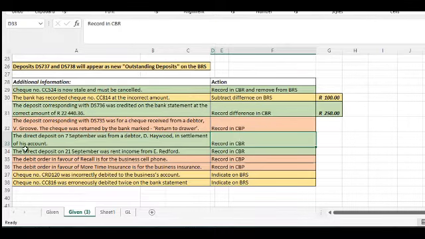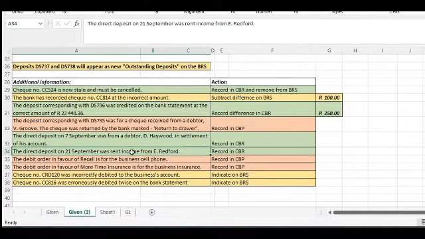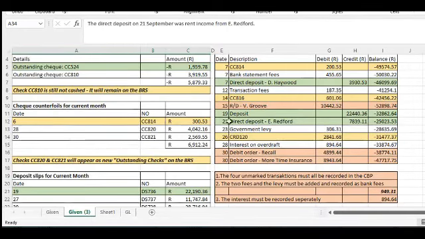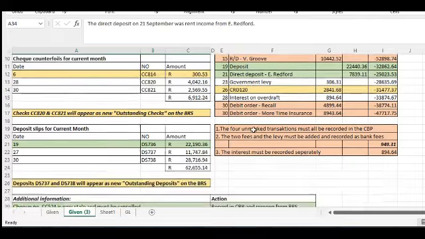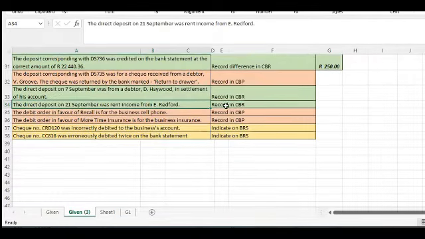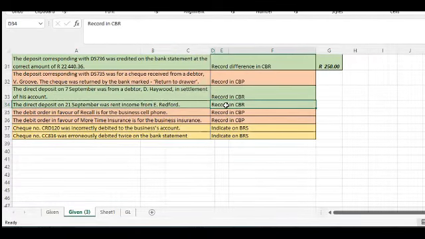There was another direct deposit on the 21st of December, for rental income from E. Redford. Obviously we didn't see that either. We only pick it up when we look at the bank statement, and so we go after the fact and record it in our cash book receipt journal.